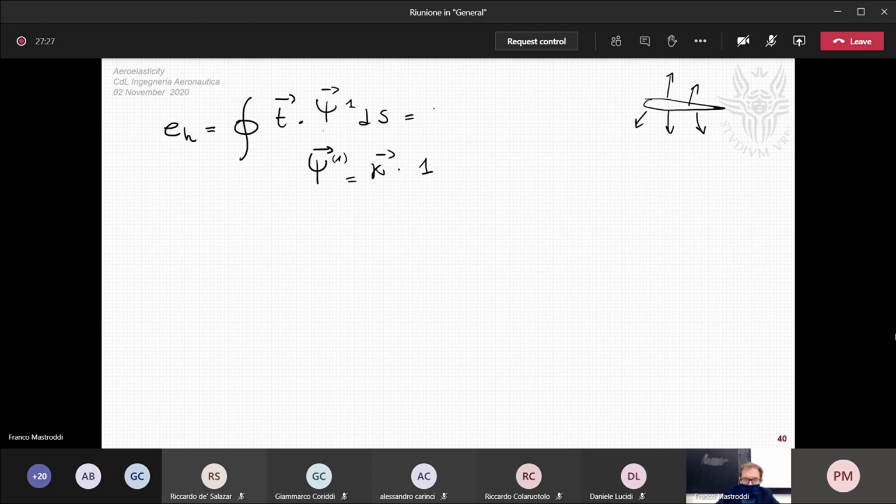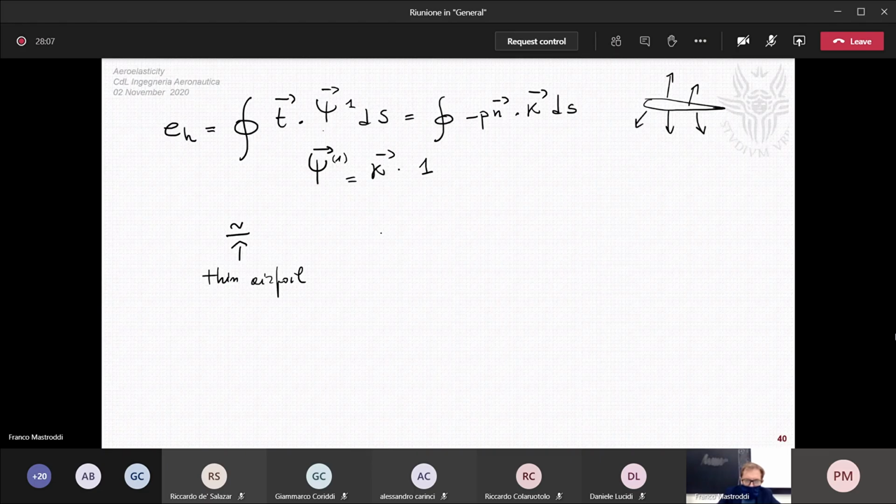But in this case, look at this point, please, pay attention. In this case, this force is the pressure force, and the pressure force is minus pressure by n, the normal, dot kappa ds. And look at this typical approximation for thin airfoil.